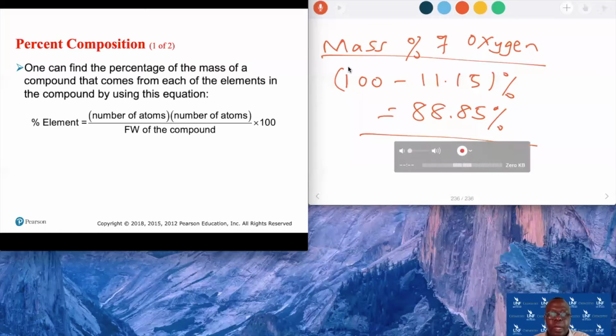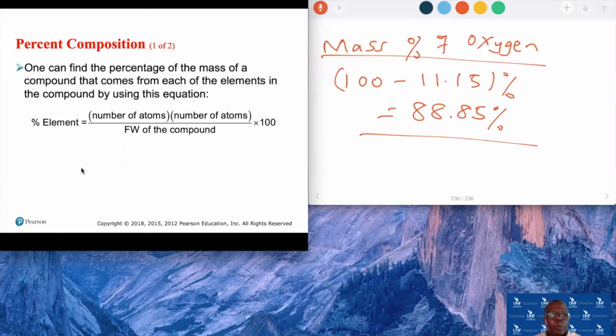Since I had two elements in H2O, I had to subtract 11.15 from 100 to get the mass percent of oxygen. If you have three elements in a compound, you may find the mass percent of two and then subtract from 100 the sum of the two.